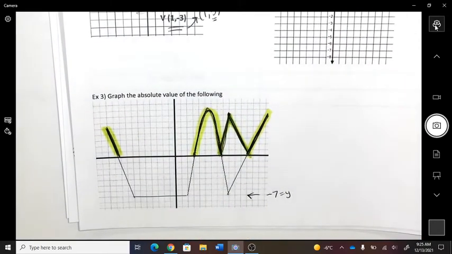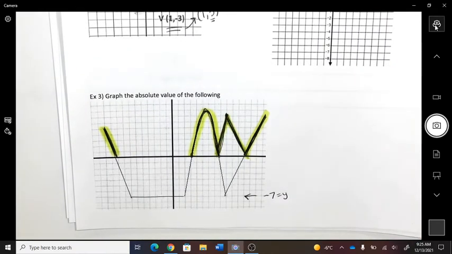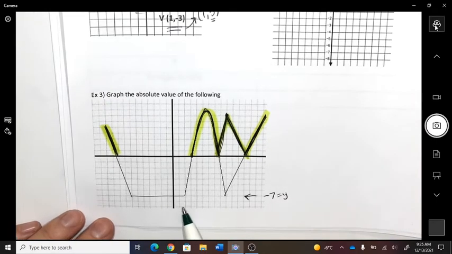There's the visual of it changing from a negative to a positive. Okay, so this was also at a -7.